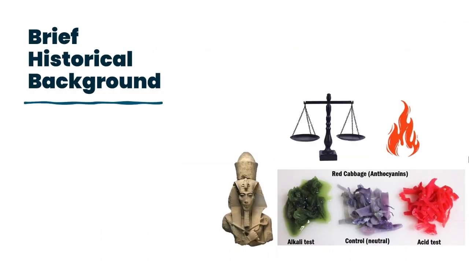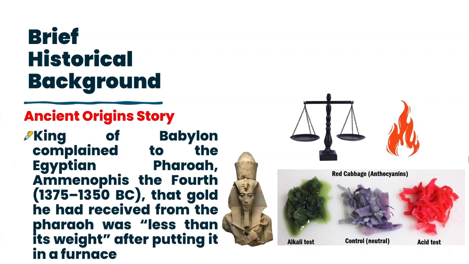This idea of testing gold through fire wasn't just symbolic, it was practiced in real history. There's even a story where the king of Babylon complained to Pharaoh Amenophis IV that the gold he received was less than its weight after being tested in a furnace. So how did people in ancient times already understand these methods of testing metals?